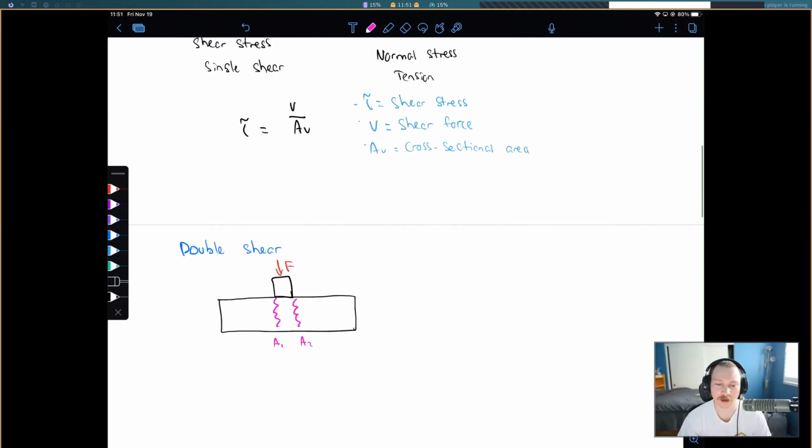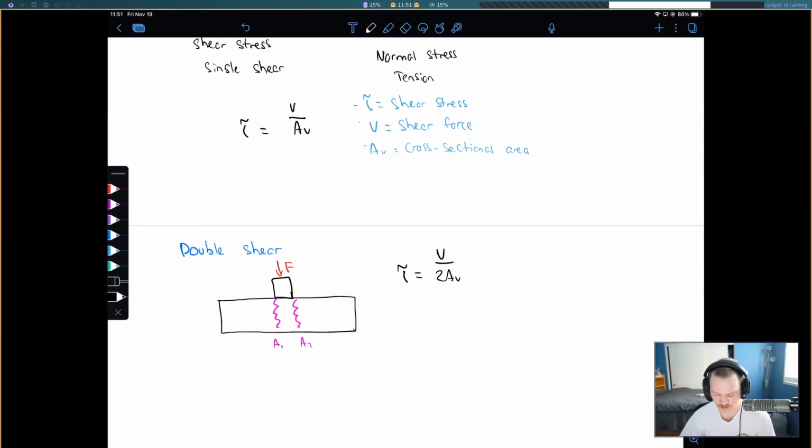So we need to modify our formula because we are in double shear now, not single shear. So we're going to have tau equals our shear force divided by now 2 multiplied by the cross-sectional area because we're in double shear. And I know this is all very simple, but we can rewrite this if you want for that cross-sectional area. All right, so that's a very simple formula.